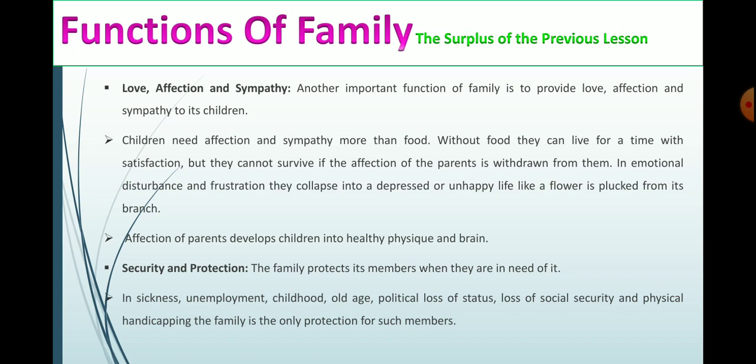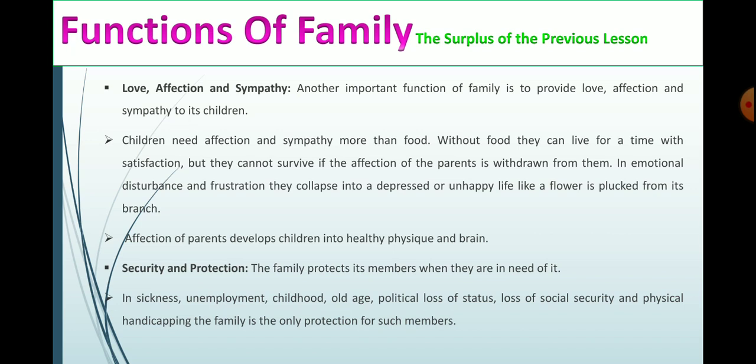Whenever one of the family members is sick, it is the accountability or responsibility of the family to provide him whatever is needed, or we can say to support him economically, to provide him money or whatever is needed.